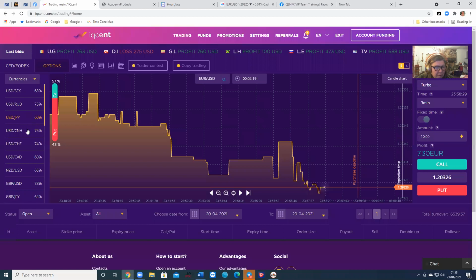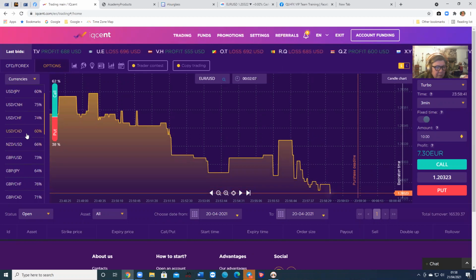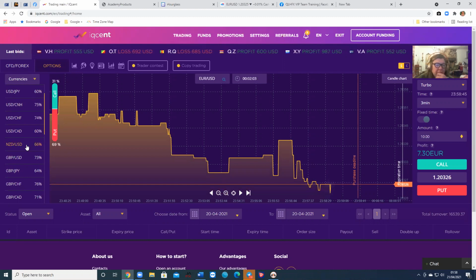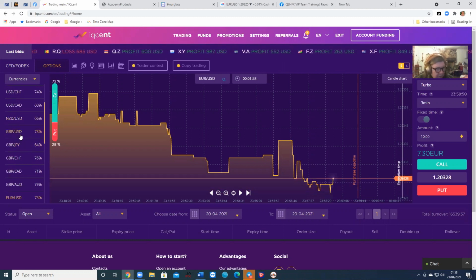So 60% on our payouts, 60% on USD JPY. USD CAD 60%. New Zealand dollar, US dollar 66. They're all quite low. GBP USD, not one that I trade, is 73%. So we might have a look at some analysis on that.